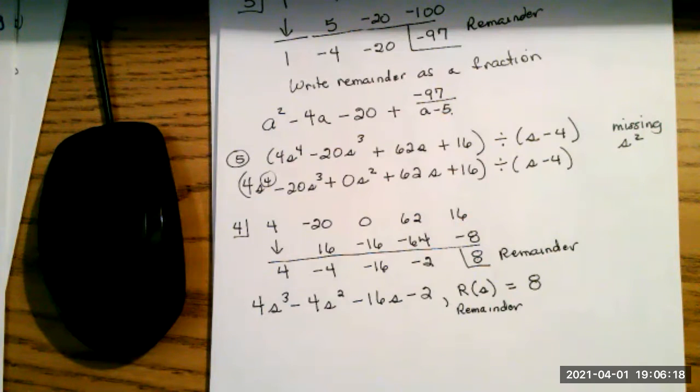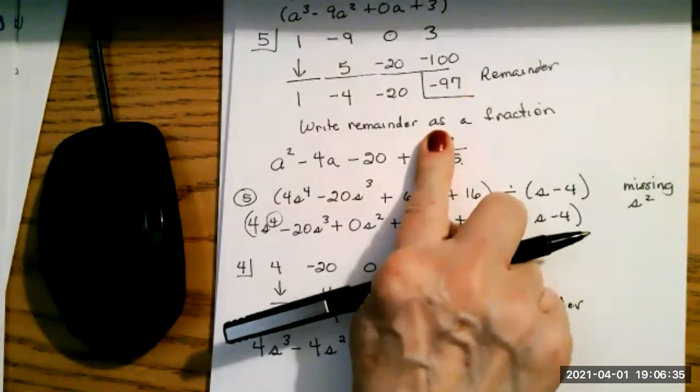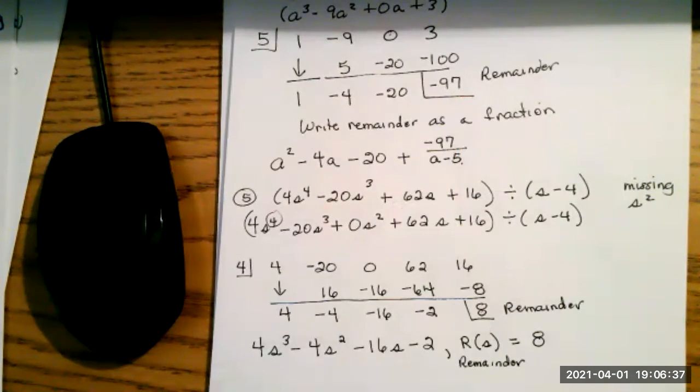On these, I'm not sure why, because I know in calculus when we use these, they just throw that fraction away. If there's a number like this, they just throw it away when you're doing calculus.